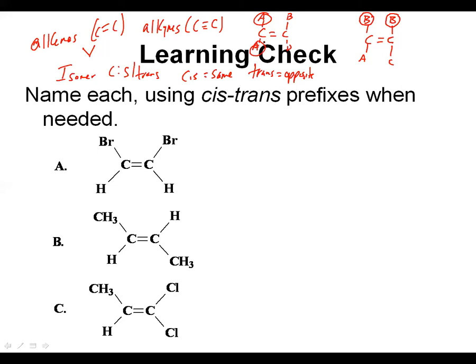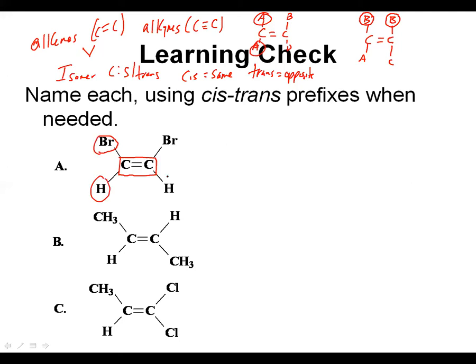So let's take a look at some of these here and try to determine whether or not these are cis or trans, and then we can talk about the naming in a bit. Let's take a look at the first one. We want to focus in on that double bond, and that double bond has one group here and this group, which are different, so that's good.